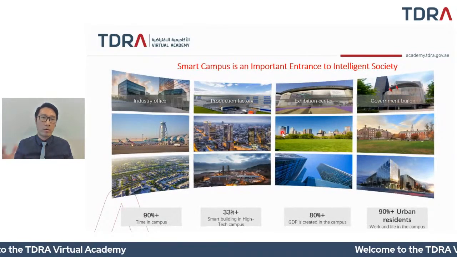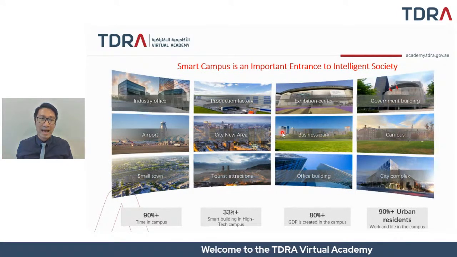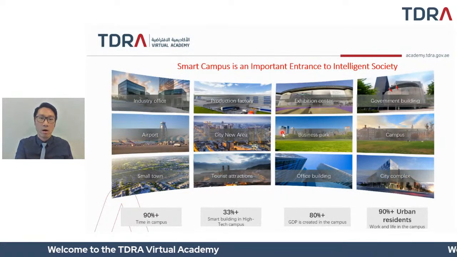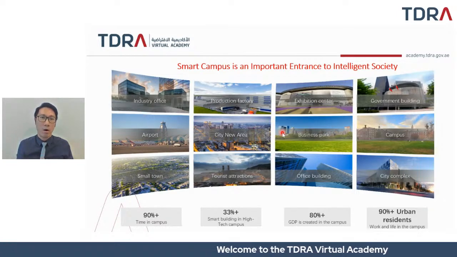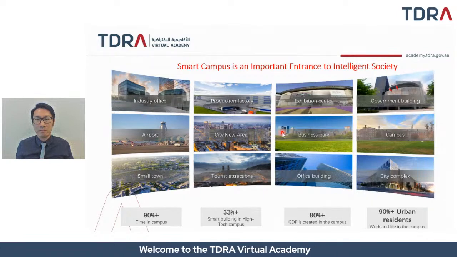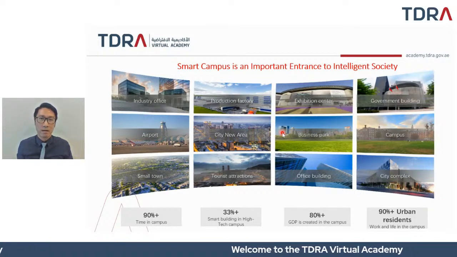Maybe you all already experienced living in the city, and most of the time you are in one of the campus here. So the campus here, it can be an office, a factory, a stadium, a university campus, shopping mall, exhibition center, business park.